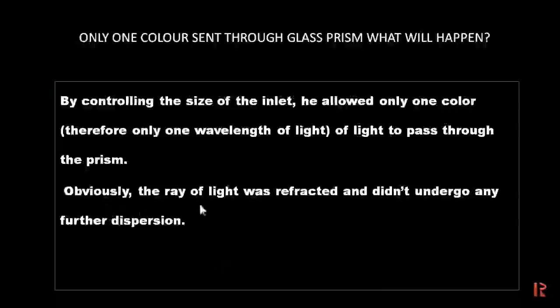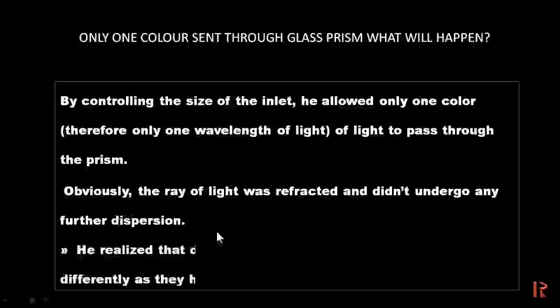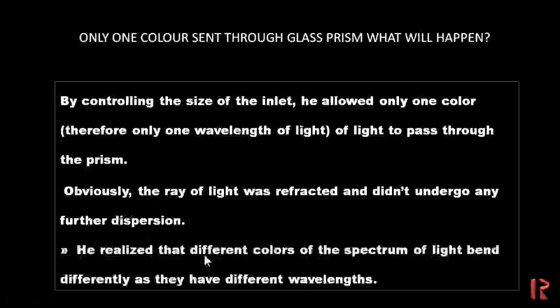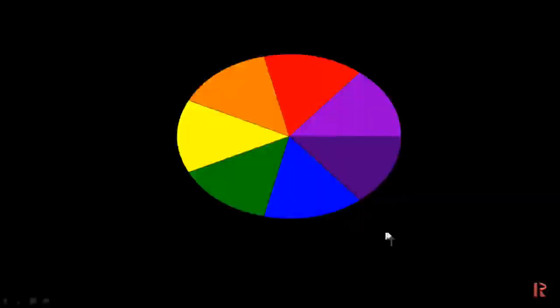Obviously, the ray of light was refracted and didn't undergo any further dispersion, no splitting. He realized that different colors of the spectrum of light bend differently as they have different wavelengths.